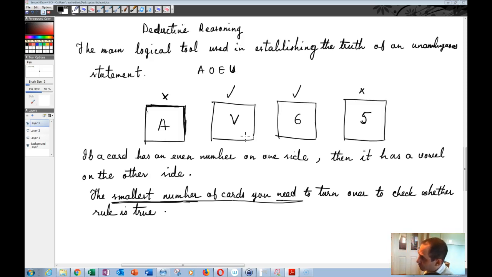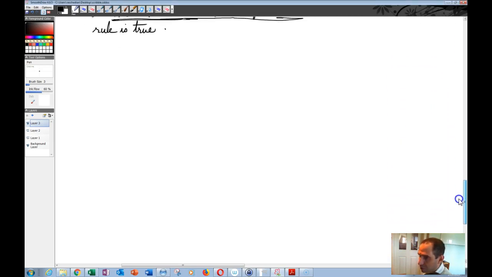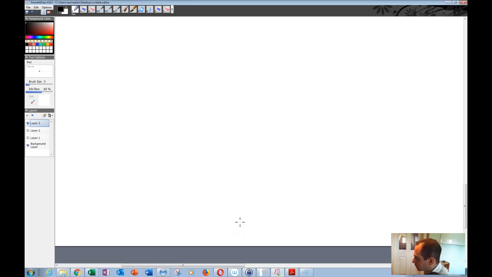And so, for example, for this puzzle, if you paid attention to how I arrived at the final conclusion, I used a series of logical arguments, and then I deduced that I needed to turn over only these two cards, V and 6 over here, and also there is one more interesting thing that we do with deductive reasoning.